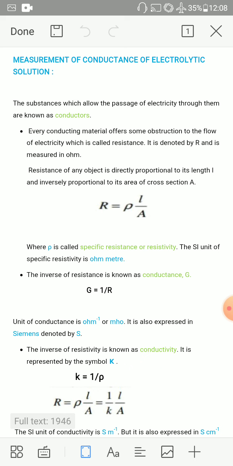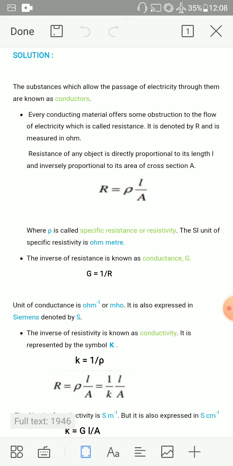Now resistance of any object depends on mainly four factors. For a metallic conductor, resistance depends on the nature of the metal, the temperature, the length of the conductor, and the cross sectional area of the conductor.